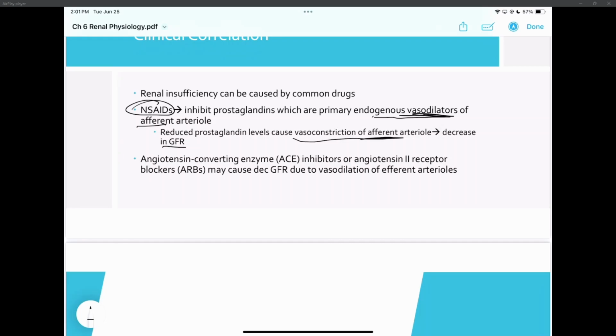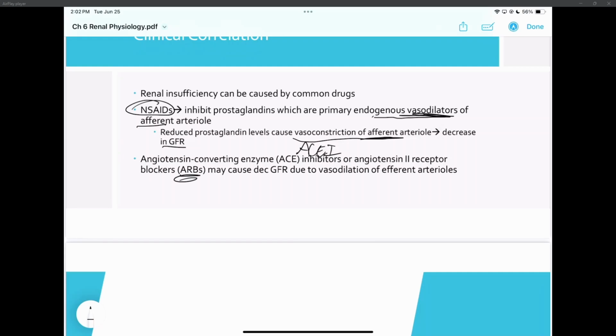Conversely, we have classes of drugs called angiotensin-converting enzyme inhibitors, ACE inhibitors, or ARBs, angiotensin II receptor blockers, both involved with that renin, aldosterone cascade, the whole thing. But remember, angiotensin II has an effect on the efferent side, right?